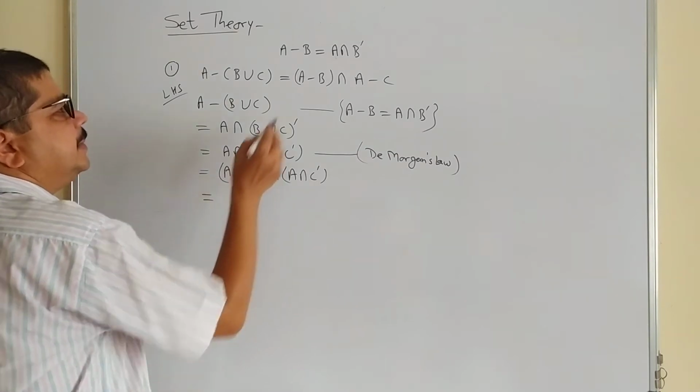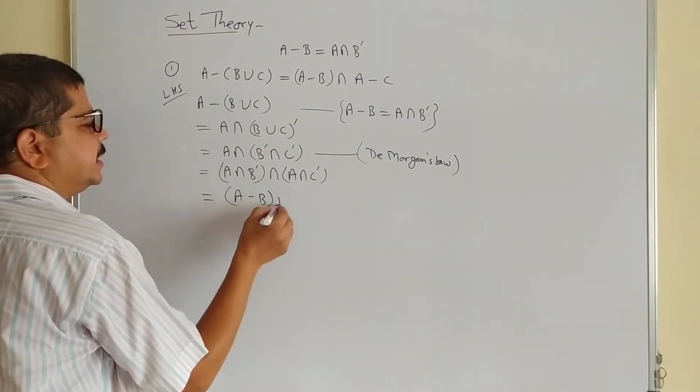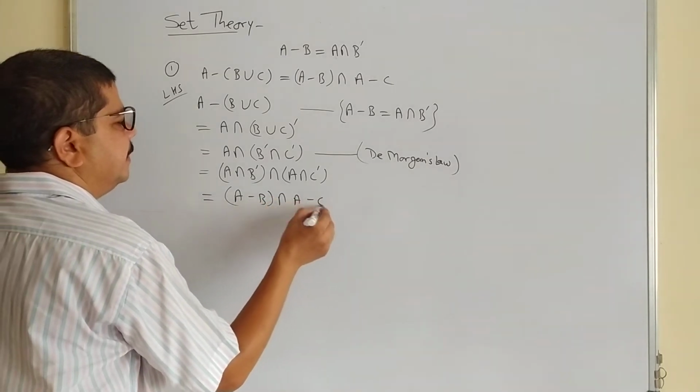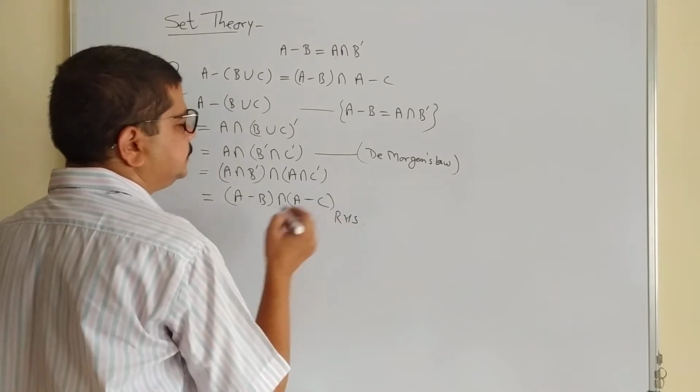What A intersection B dash is? A minus B intersection A minus C. That is right hand side.